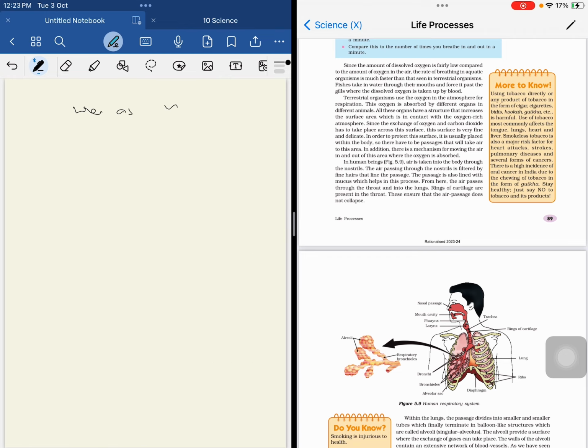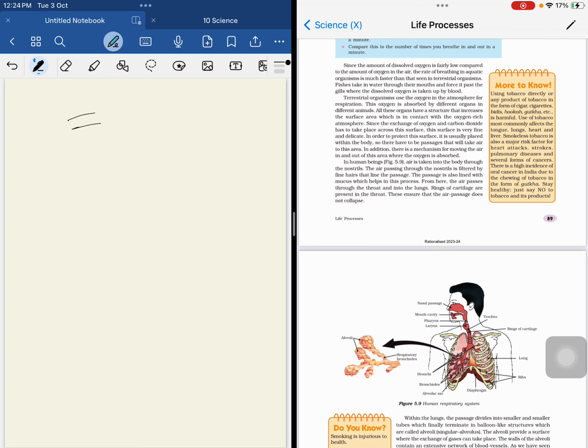Whereas in human beings, oxygen is taken in through the nostrils or nose. The nose is lined by hair particles and mucous membranes. From the nose, it is taken to the throat, from the throat to the windpipe or trachea, and from the trachea to the lungs. Through a diagram, I will show you.